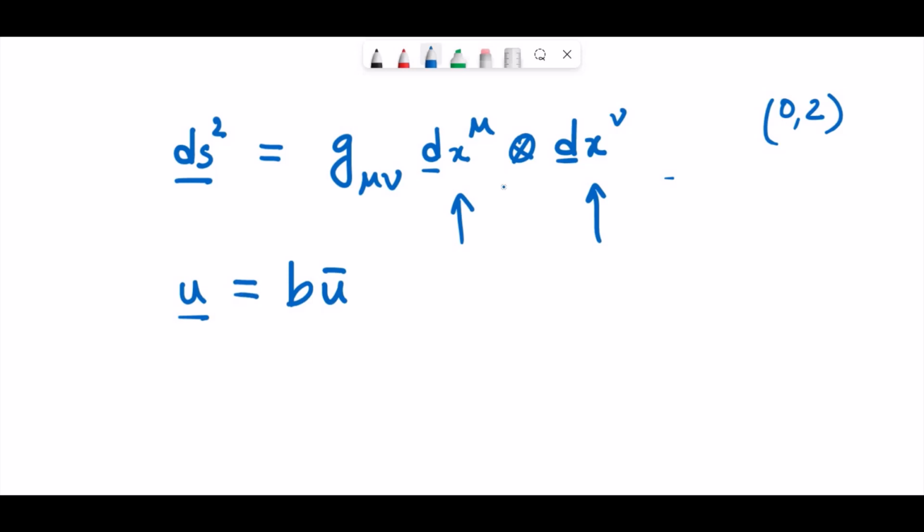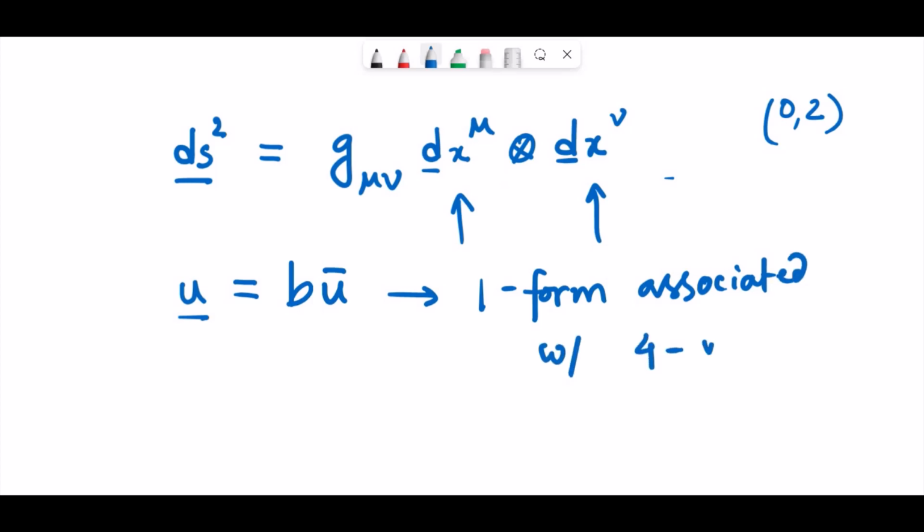So this is the one form that stems from the full velocity of the fluid. So, one form associated with the full velocity of the fluid.